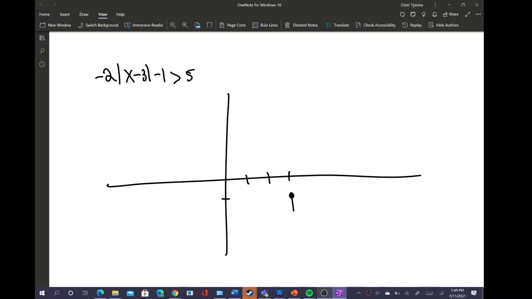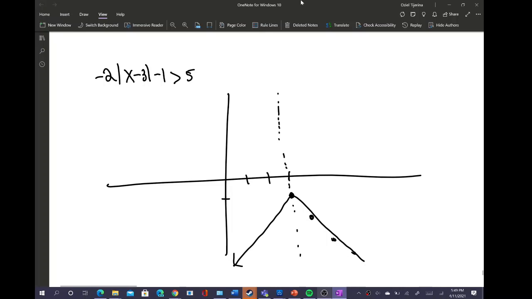So it's 1, 2, 1, 1, 2, 1, and so on and so forth. So then you do this, and then you do the reflection. This is your reflection.